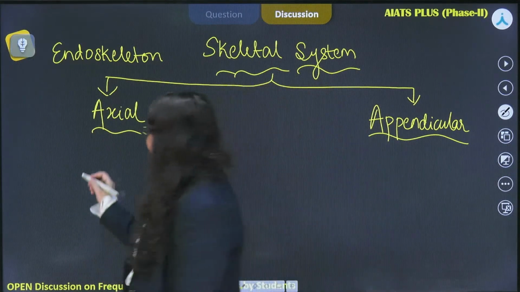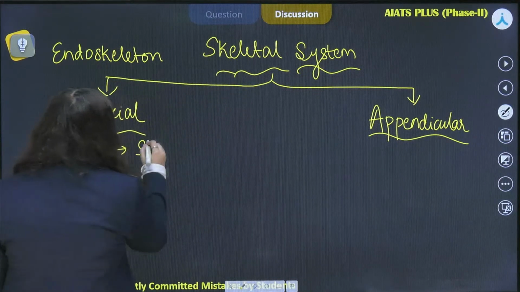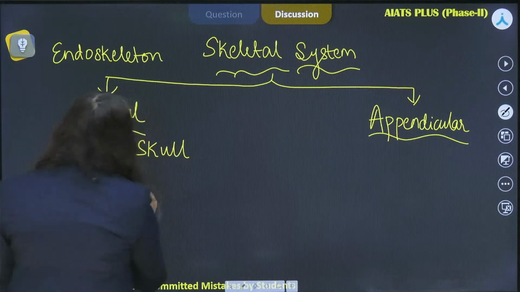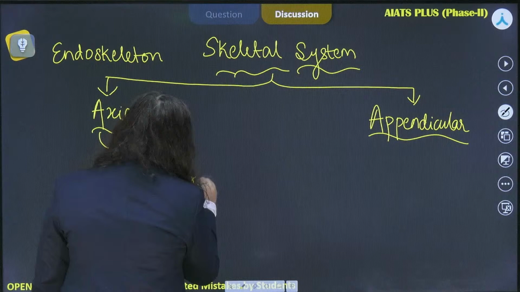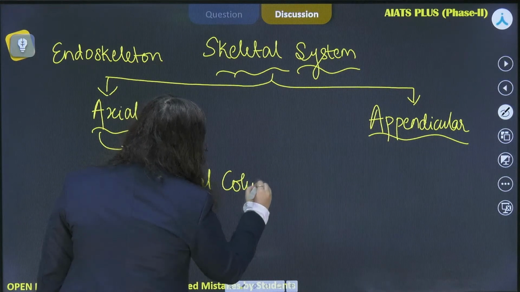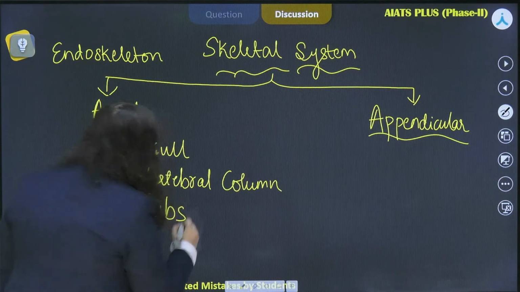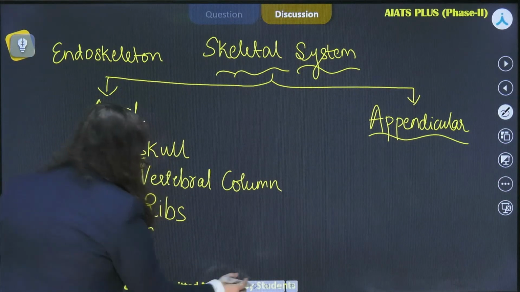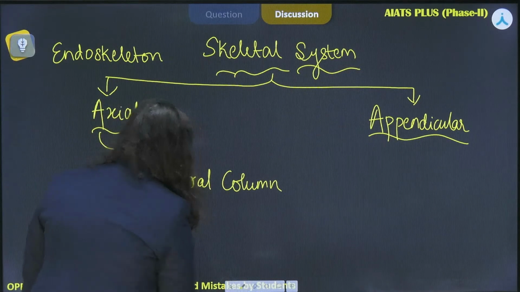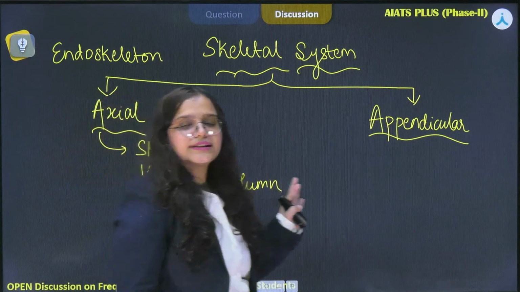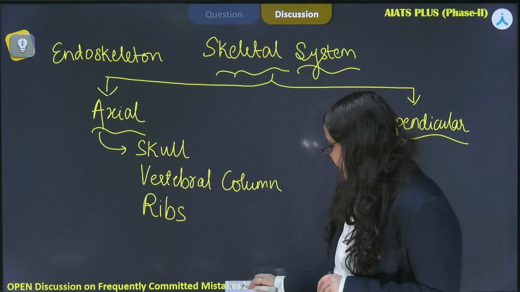Our axial skeletal system consists of the skull bones, then the vertebral column, then the ribs, and so these are the components of our axial skeletal system.